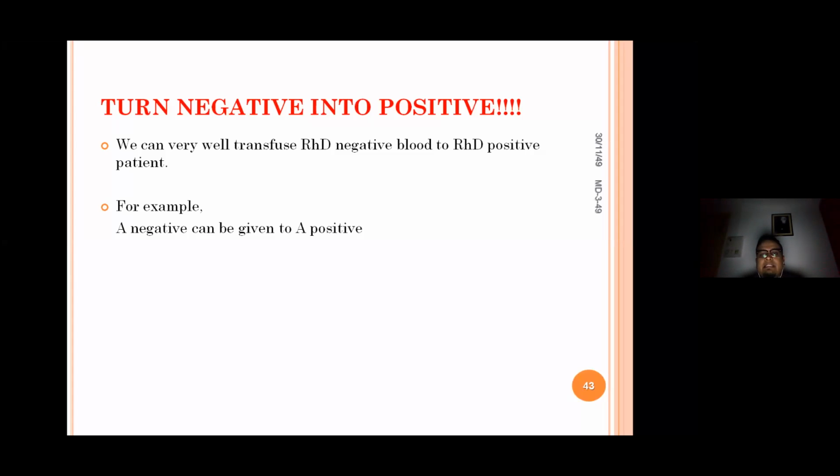I do not know why there is a reluctance on the part of the clinicians to use negative blood for positive patients. We can very well, because they do not have those RHD antibodies. So what is the problem? For example, A negative blood can be given to A positive, B negative blood can be given to B positive, but usually not the reverse.